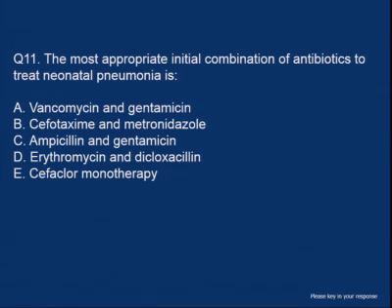I've been doing this for a while. So, congratulations to the 97% of you. As for the 3% who chose Vanco and gentamicin, it's okay, don't worry about it. But it's 97% of you who chose the right one.